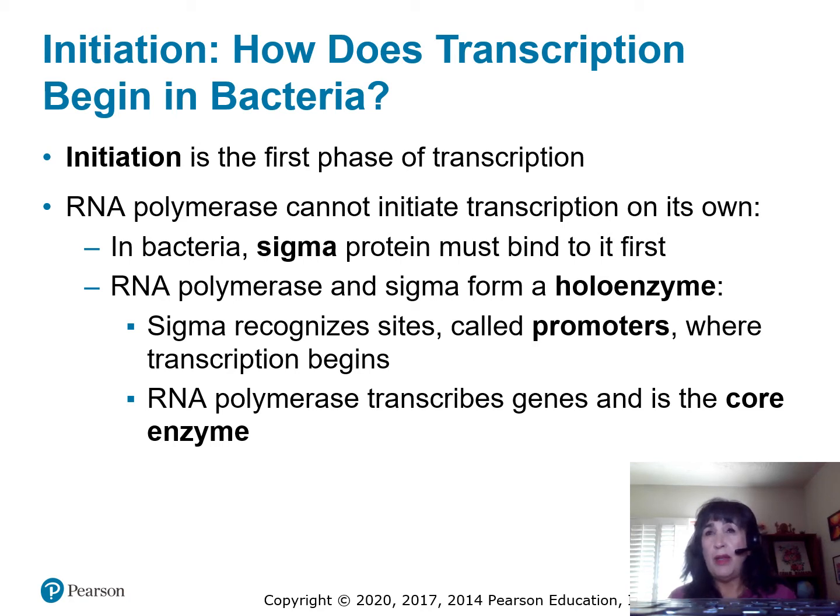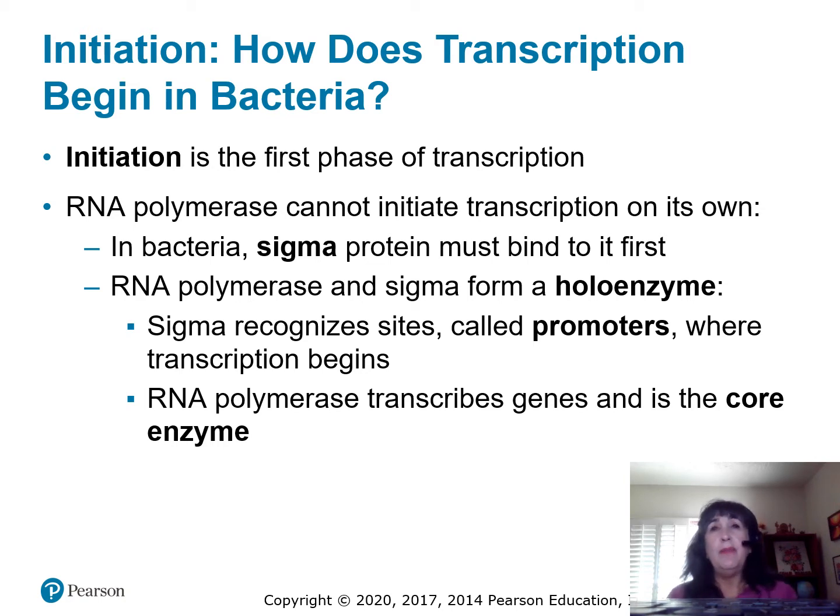And I don't know about you, but for me, the first couple of times I read my chapter, I was really confused. I had to tell myself that it's talking about transcription, but first it's going to talk about it for bacteria, and then later on for eukaryotic cells. So try not to confuse the two. Okay, so let's talk about bacteria.